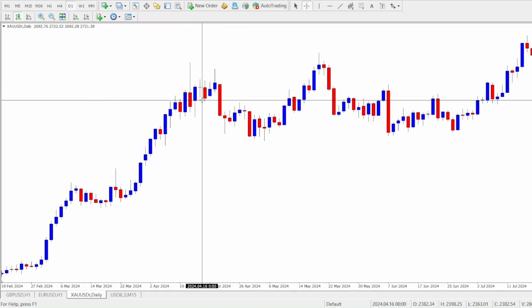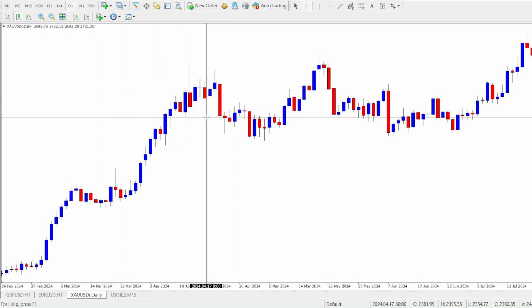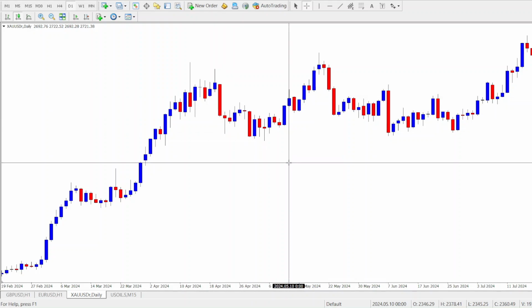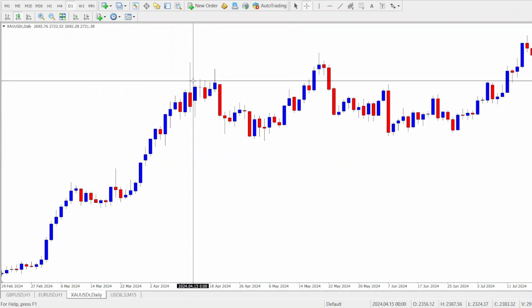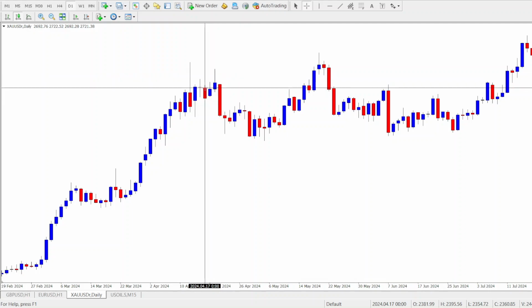So we have the open, high, low, close. That is how it is. Now the pivot point is calculated as the average of the previous day's high, low, and close prices.